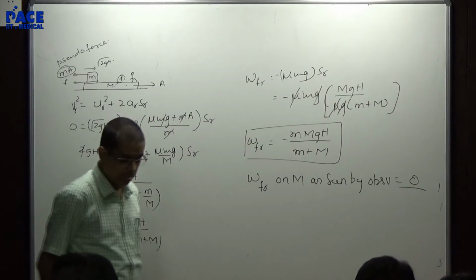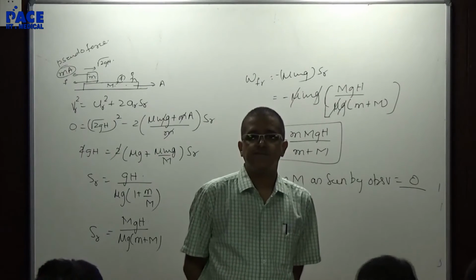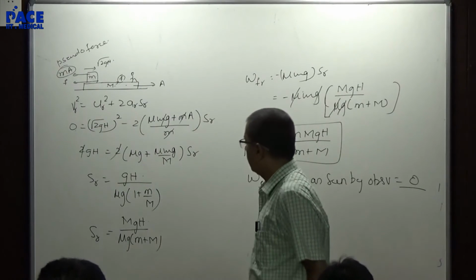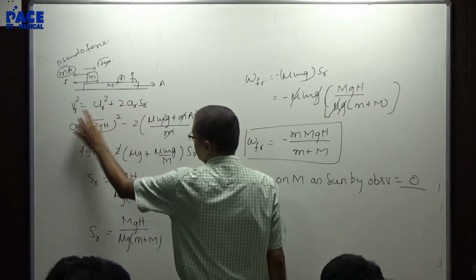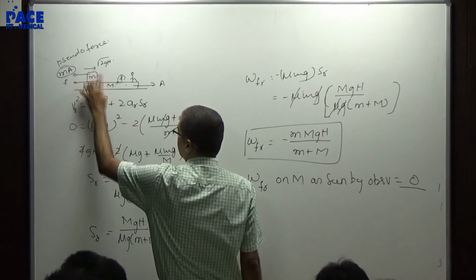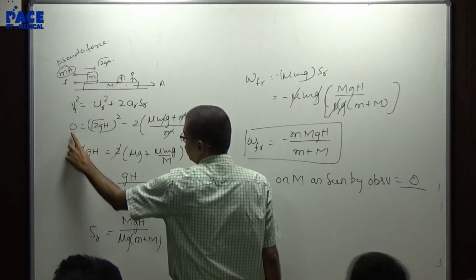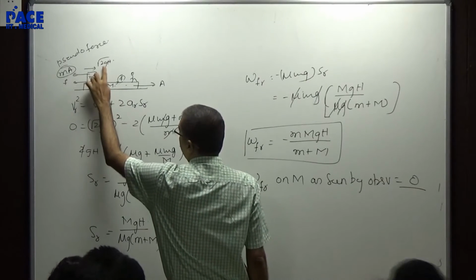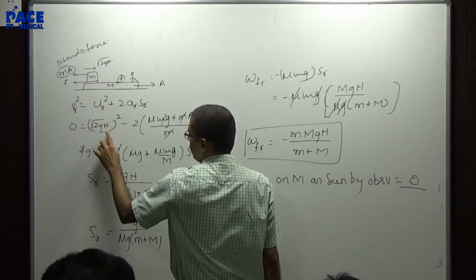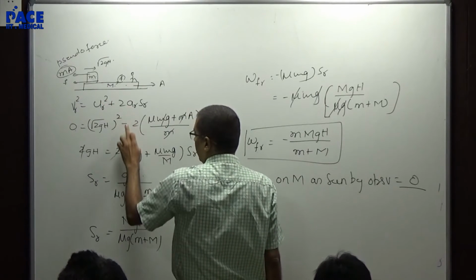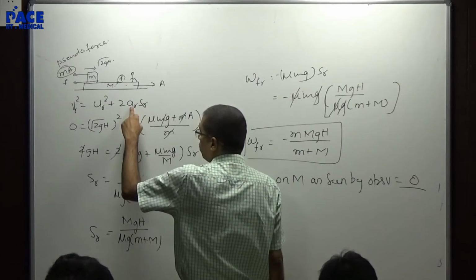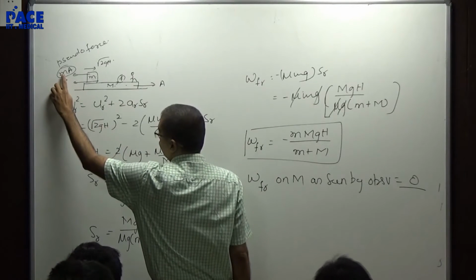Sir, can you explain the relative displacement part? Vr squared = ur squared + 2 ar sr. Final relative velocity of small m with respect to this is 0. Initial relative velocity is root 2gh minus 0, whole squared. Decelerating, so negative. How will you claim it is ar? I have taken a pseudo force.